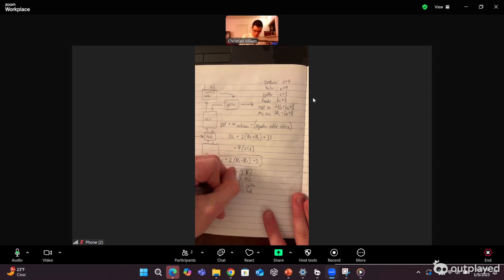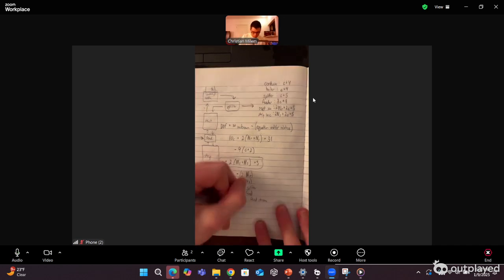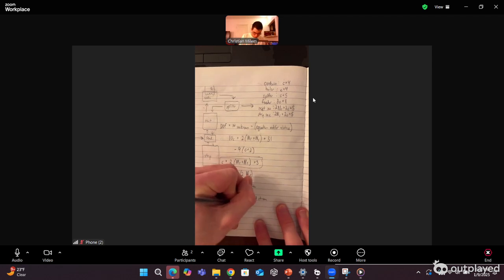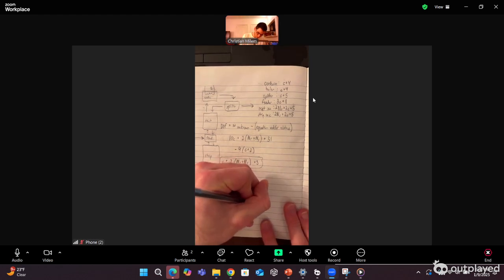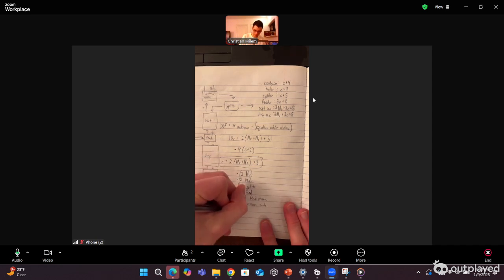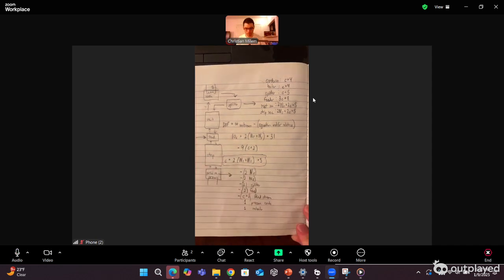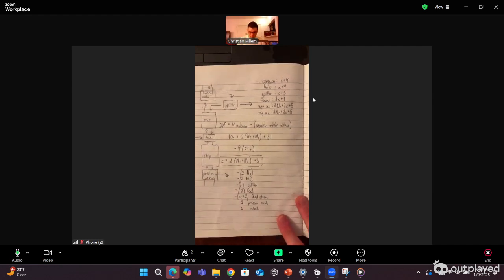We're also going to know from each stream. And then we are going to know the pressure of our condenser, and then the pressure of our reboiler.